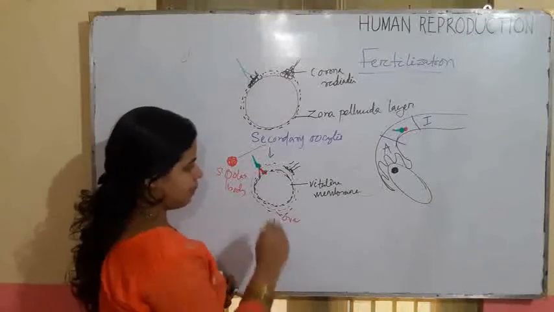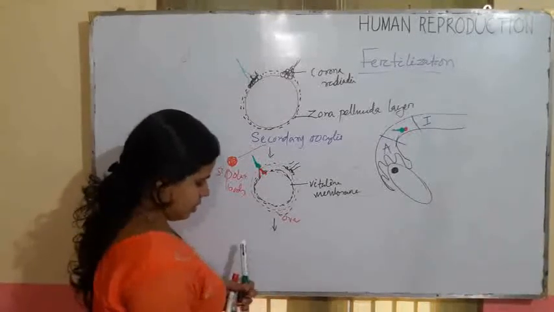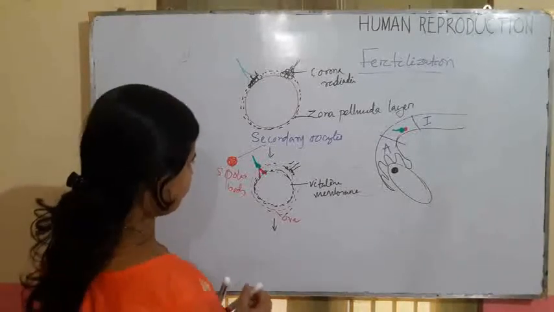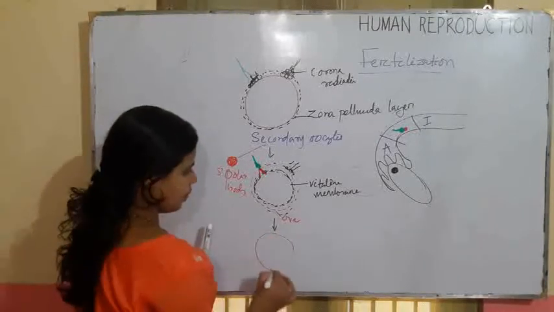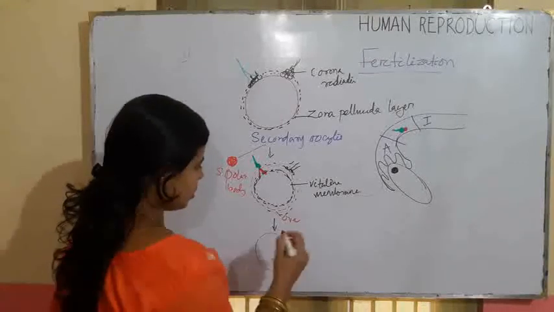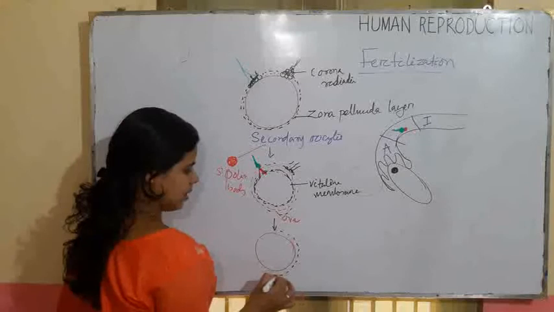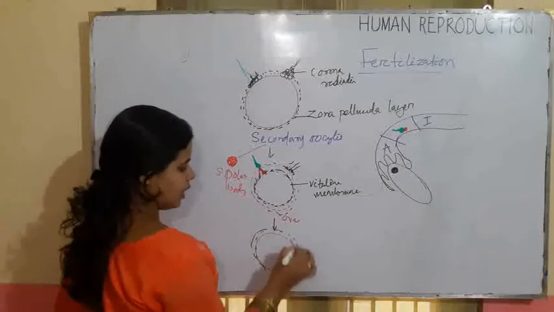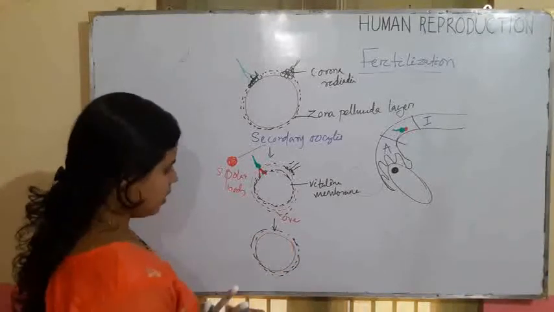And here what happened? The nucleus. Suppose this is the ova, and the outermost zona pellucida layers are there, and the corona radiata is there. It has what?